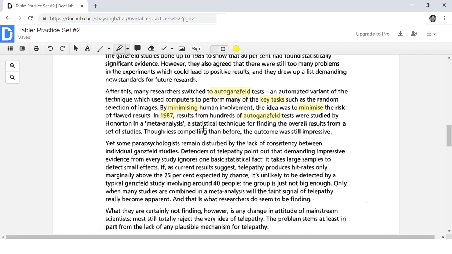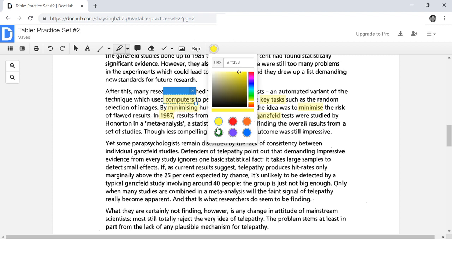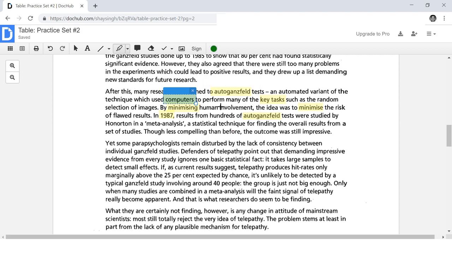So something was used to limit something else. What was used? Computers. Computers were used to limit what? Tells you right here. To minimize human involvement, to limit human involvement. So computers is one of our answers and human involvement is the other.